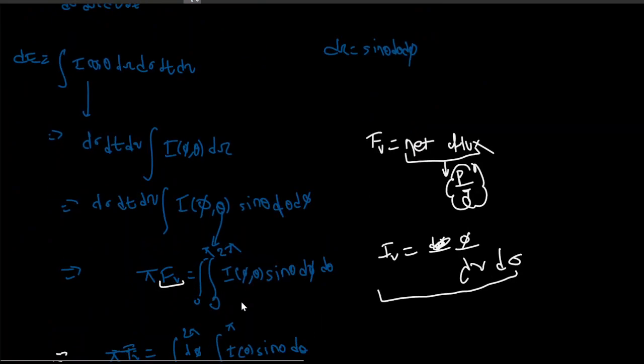So cos theta is missing everywhere. Sorry for that. I don't know why I did this. So you have to just add here cos theta. Let me write it with a different color. Okay, that's my fault. Sorry for this. You have to add cos theta.